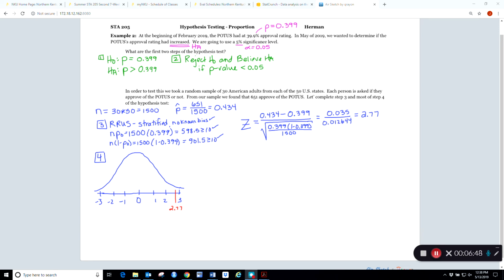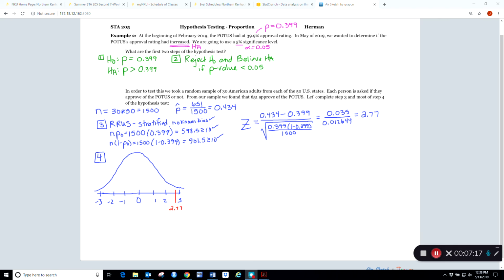Now we have to ask ourselves what my picture should look like shaded-wise. First, let's talk through one-tailed versus two-tailed tests again. If I go back and look at my alternative hypothesis, I'm only looking in one direction, only looking for that greater than. So I know I'm going to have a one-tailed test. Now the question is, should I shade left of 2.77 or shade right?